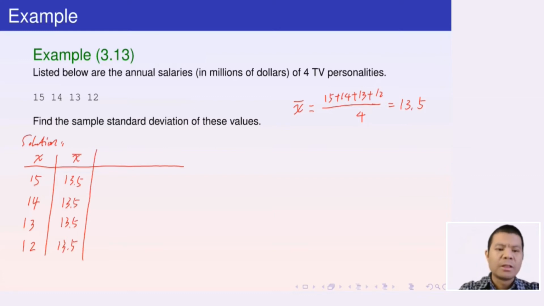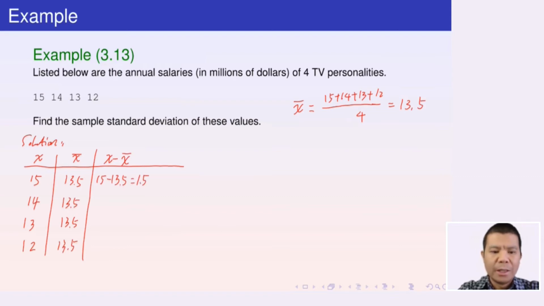And then in the third column, what do you want to find? That is the deviation from the mean for each individual value. So here it is going to be 15 minus 13.5. What do we get? Now you see that this is 1.5.